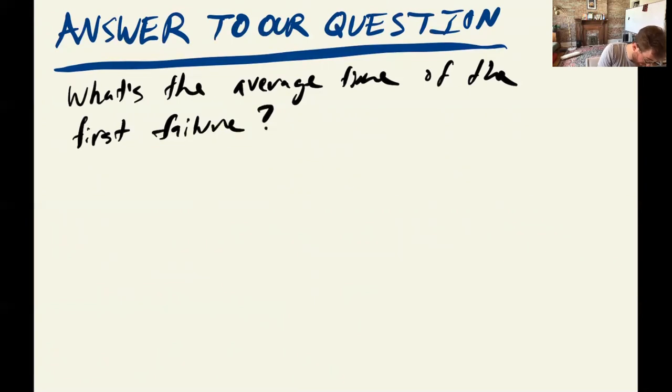Well, it's going to be one over (lambda 1 plus up through lambda 10).